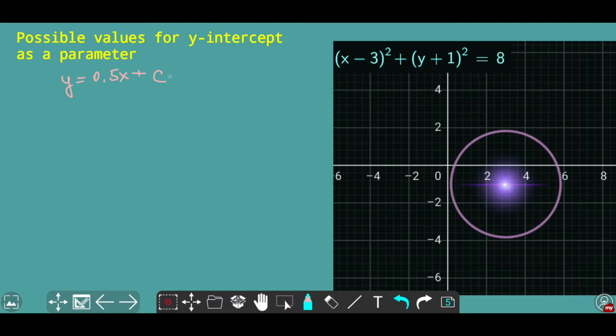All right, so one more time, the question is to define the c value. That's going to be the range for c where the line 0.5x plus c will have at least one point of intersection with the circle with the given equation (x - 3)^2 + (y + 1)^2 = 8.